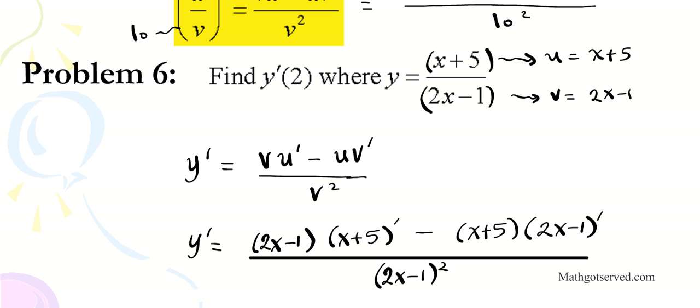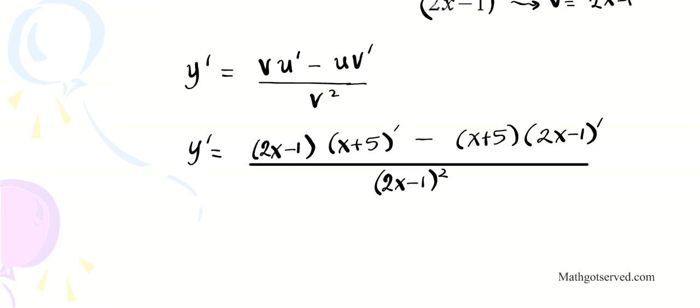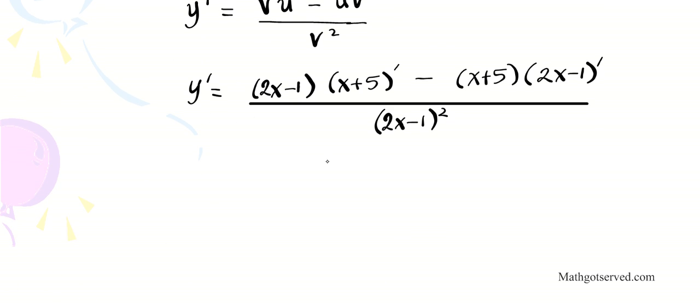All right, so now let's go ahead and simplify this. In the numerator, we're going to have 2x minus 1 times, to differentiate this, we're going to use the sum and difference rule. So this derivative can be distributed to each term in here.